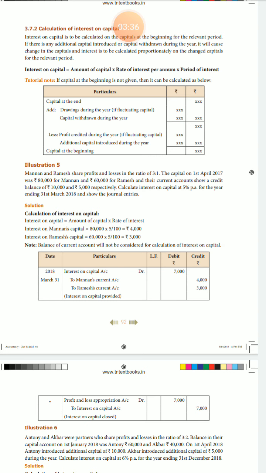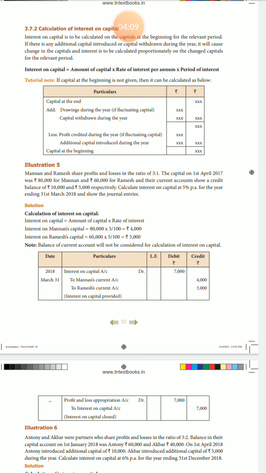Okay, students, the narration: interest on capital provided. Listen, students, in the profit and loss account, which side do you enter interest on capital? Is interest on capital income or expense? Interest on capital is an expense. Expense means which side do you write?